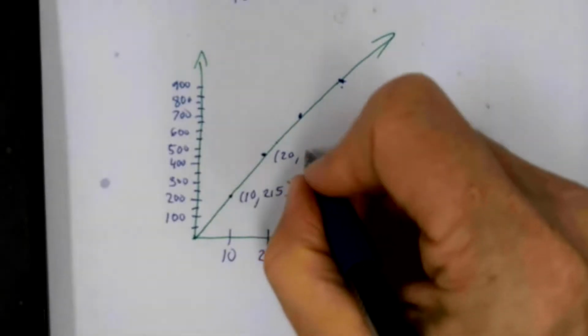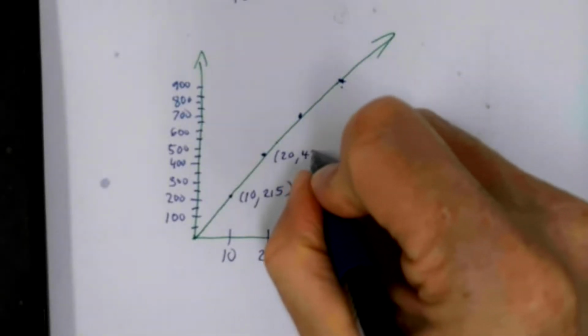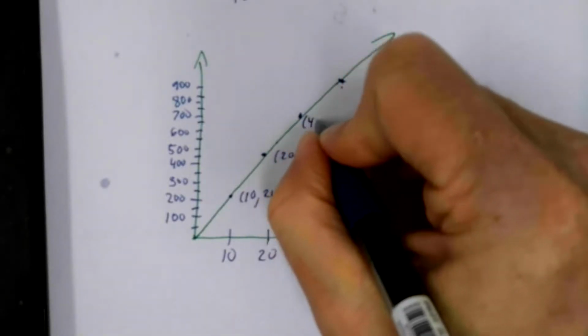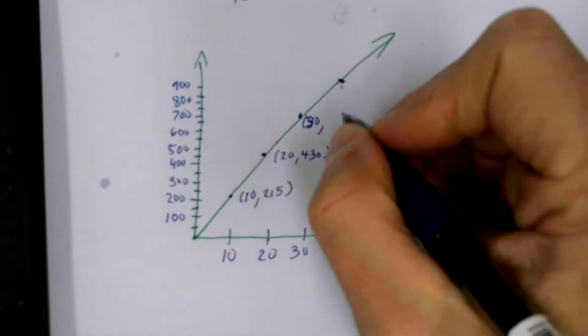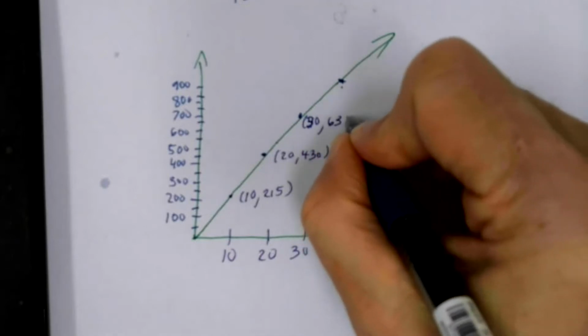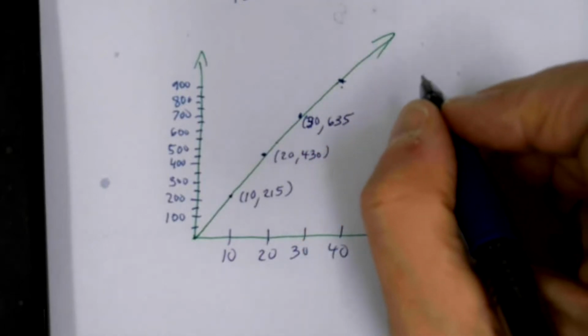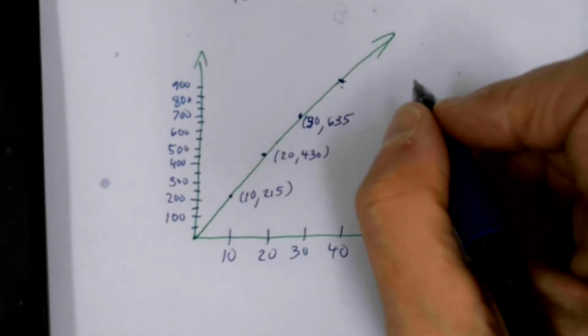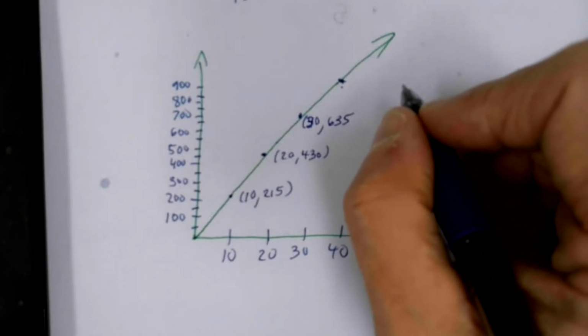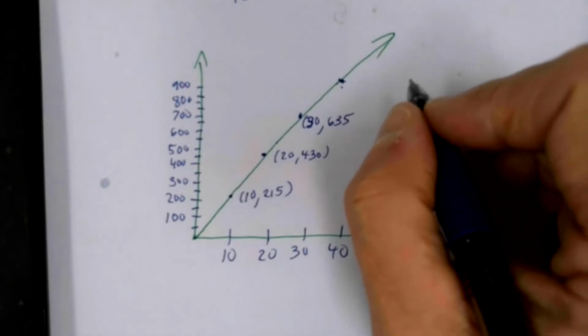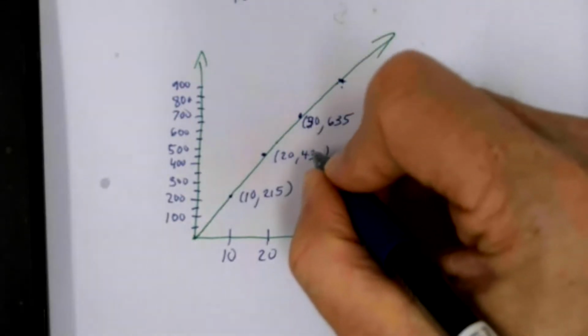10, 215, 20, 430, 40, or excuse me, 30, and 635. And then that might have been, I think that should be 45.